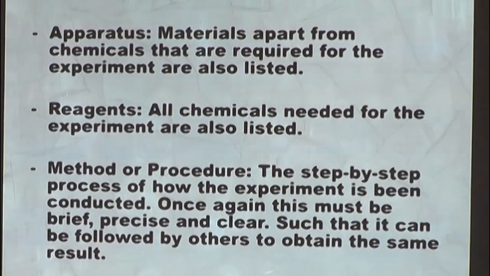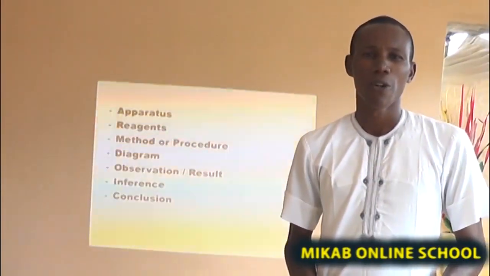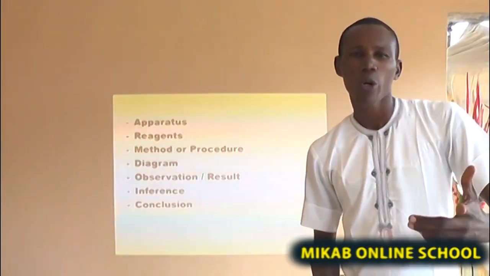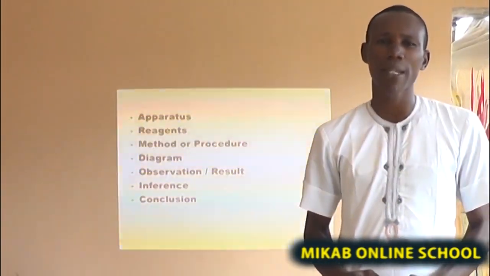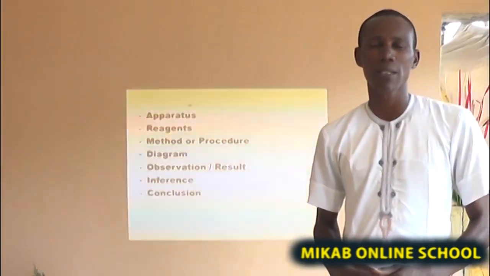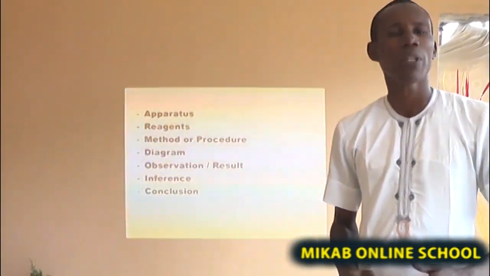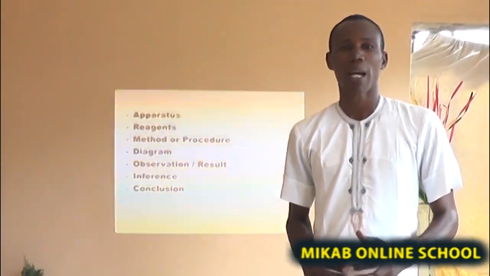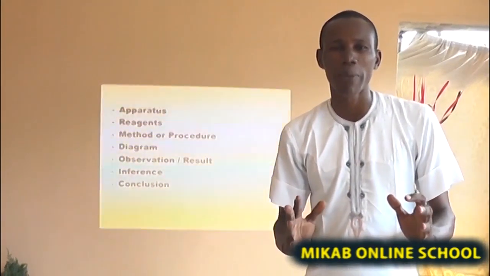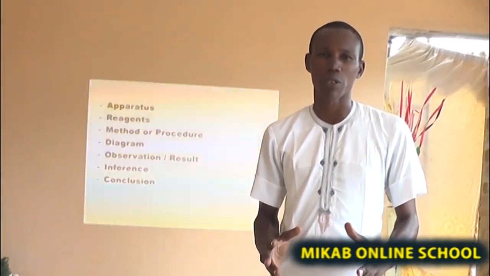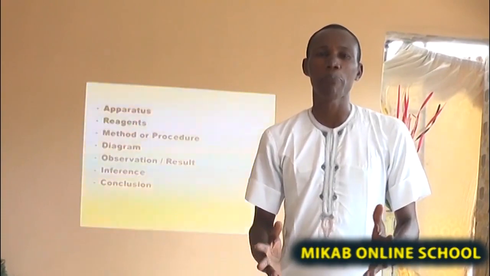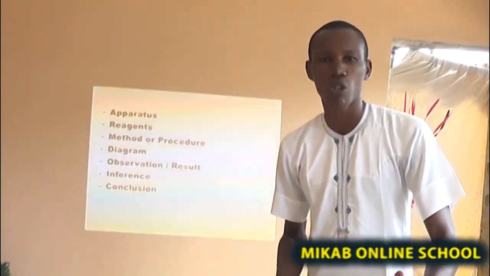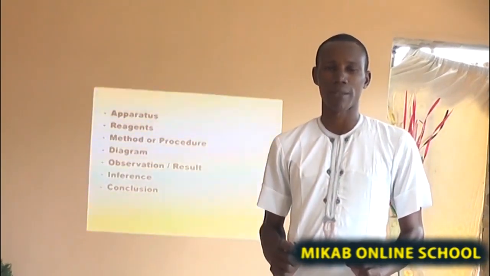Of course, apparatus ranges from burettes, retort stands, conical flask, round bottom flask, flat bottom flask, Kipp's apparatus, etc. There are very many. You can go to your lab and take a look at some of those materials that we have just mentioned. Remember, apparatus are pieces of materials apart from chemicals that are used during practical process.